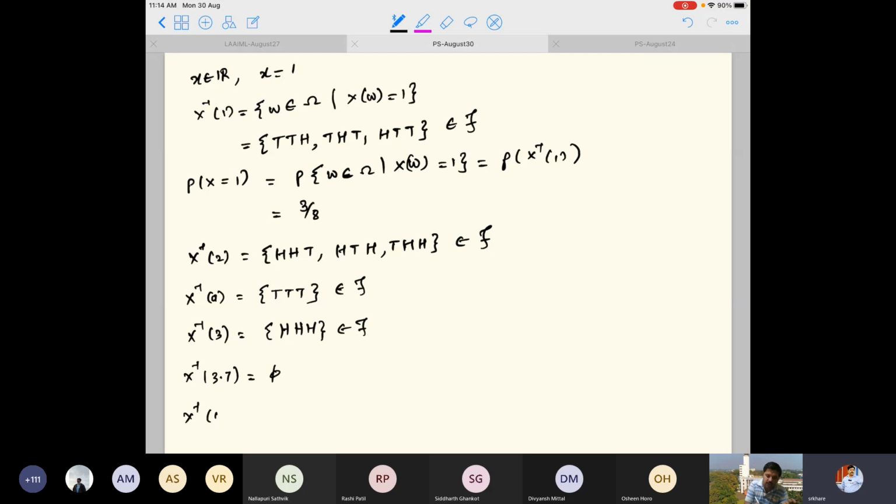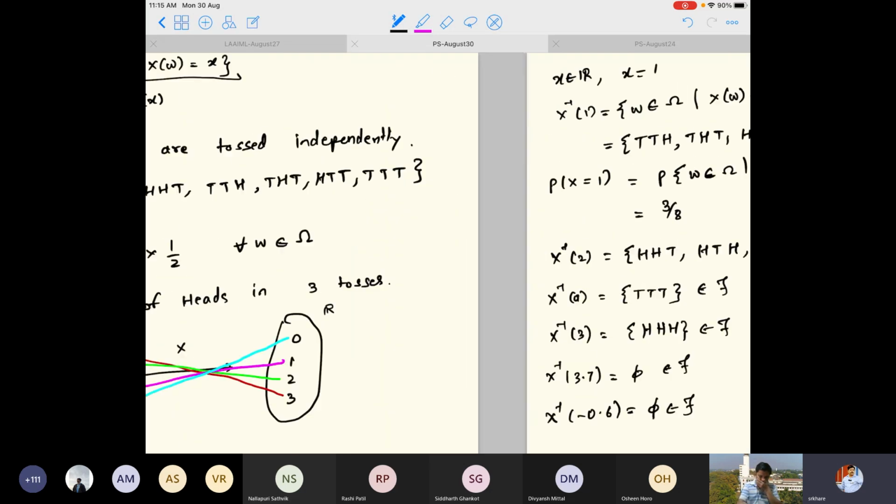Correct. What is X inverse of minus 0.6? This is also an empty set. So these also belong to F. So except for the real numbers 0, 1, 2, 3, all other inverse images are going to be empty sets.